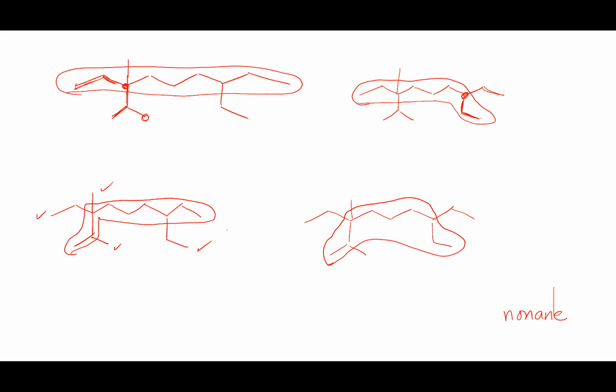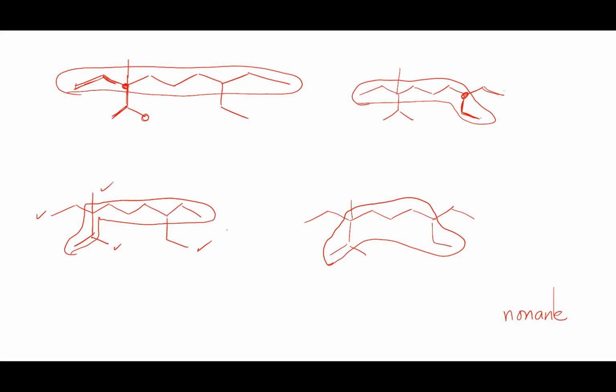I thought it was just going to be 3, and then I was going to have to consult the rules because I don't remember the rules past the greatest number of substituents. There is another rule if you have the same number of substituents. If I do that on a test, you get credit for either one because I don't expect you to know the rules that much. I do expect you to remember this. So I've got 4 groups versus 3 groups. We're working off the bottom one. Okay, that's the correct longest chain.